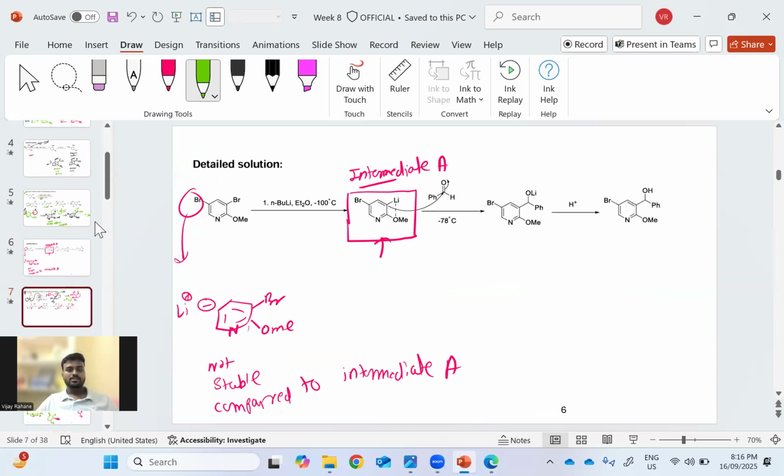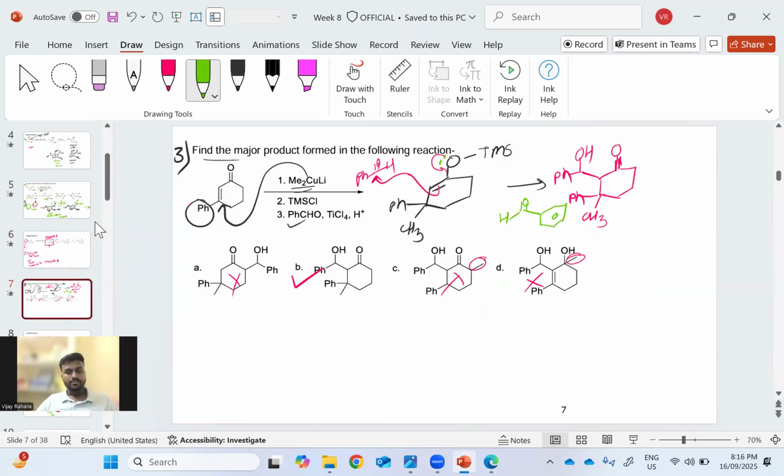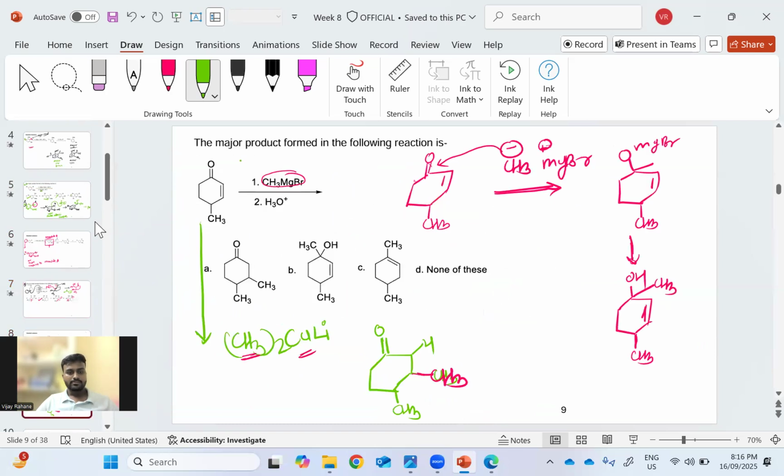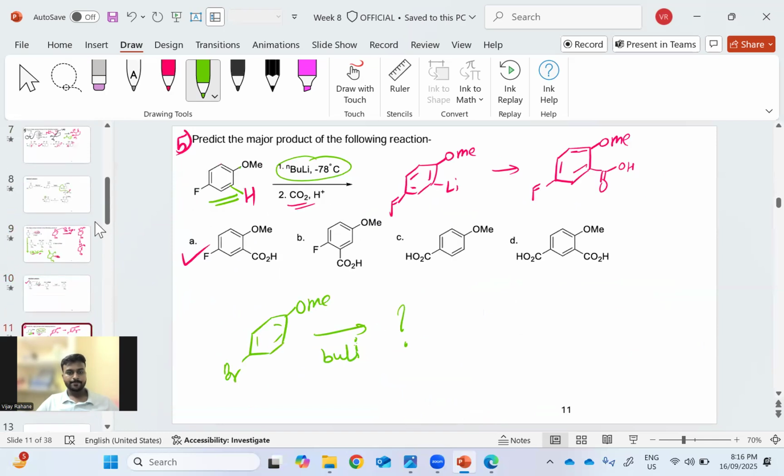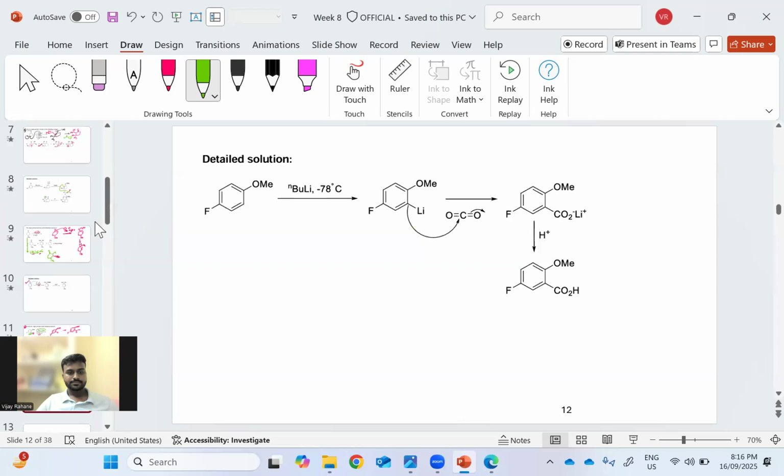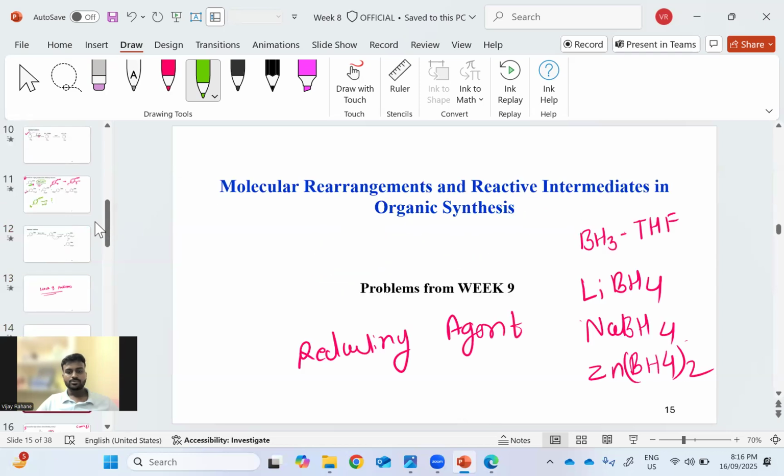In the next question, we have seen the organocuprate addition on alpha-beta unsaturated keto compounds. Then we have seen the addition of the Grignard on an alpha-beta unsaturated compound. Then we moved on to the reducing agents, which are basically the topics of the week 9 videos of our course, molecular rearrangement and reactive intermediates in organic synthesis.